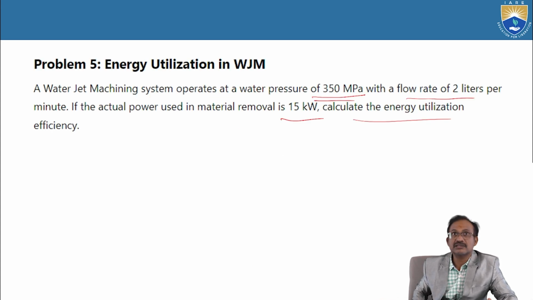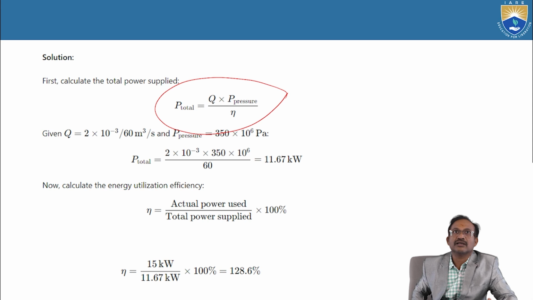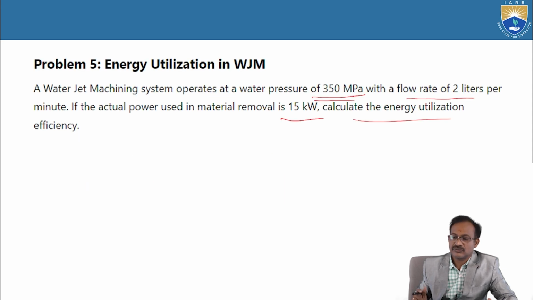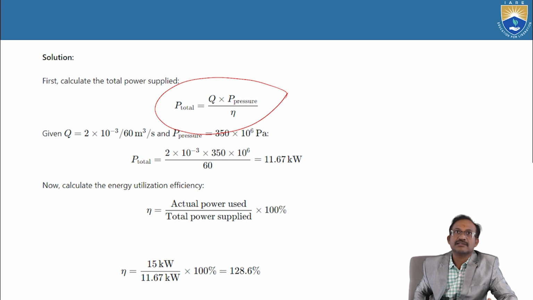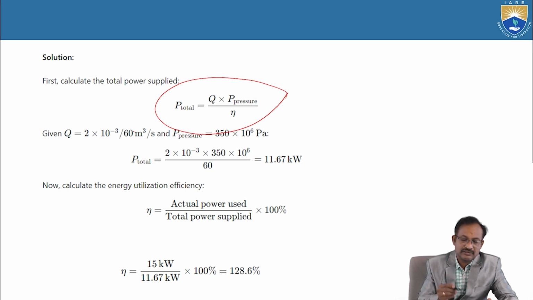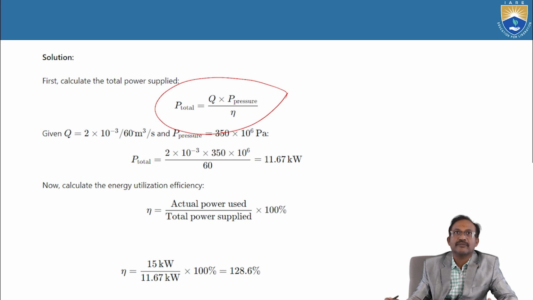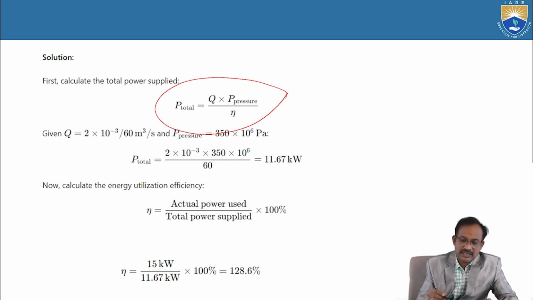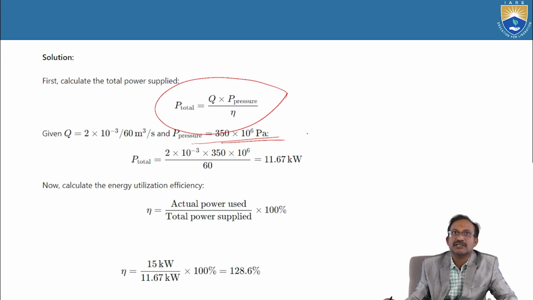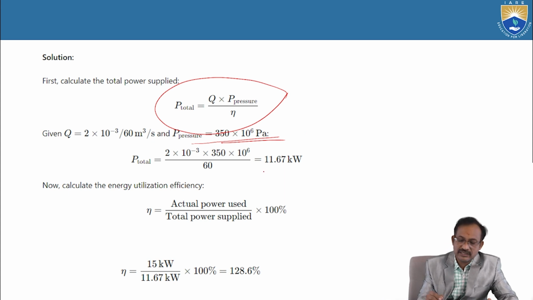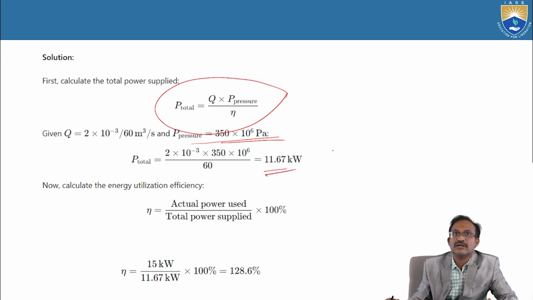Why? Because 2 liters per minute, we have to convert this into seconds, that's why divided by 60. Here the pressure is converted from megapascals to pascals, so that we get total power in kilowatts.